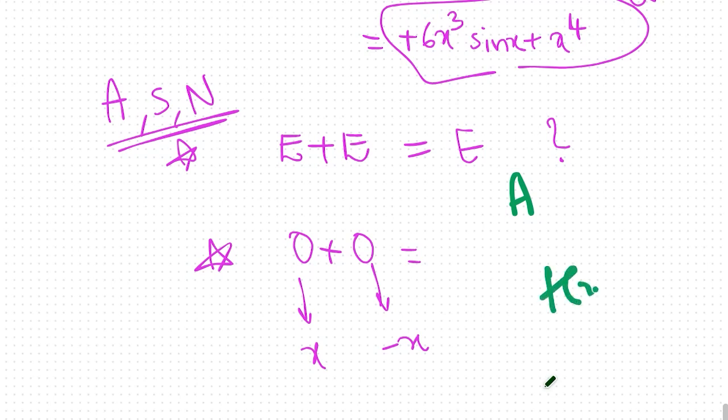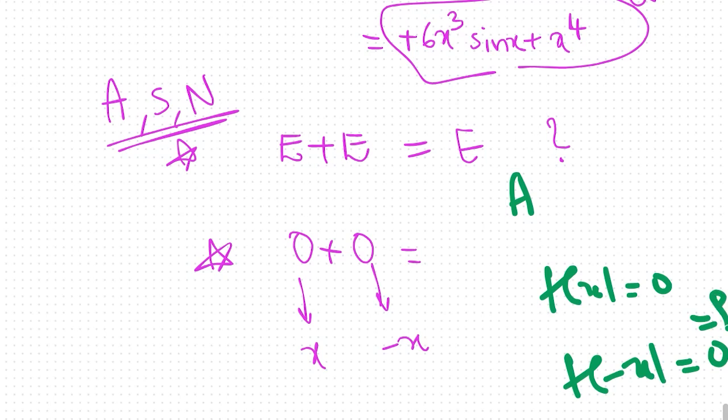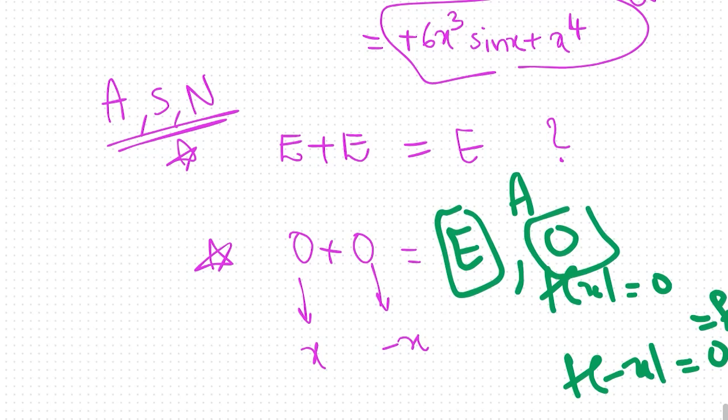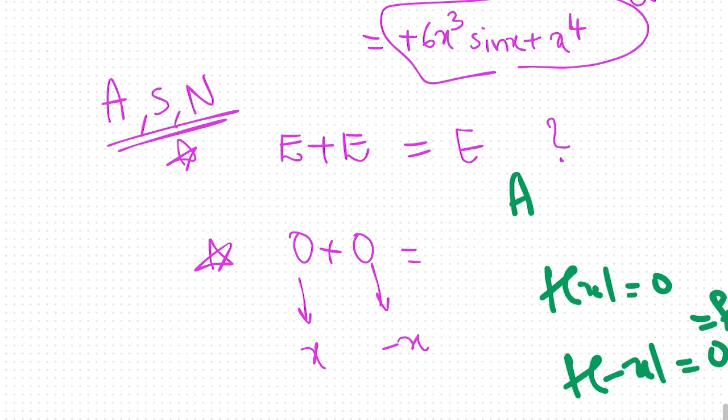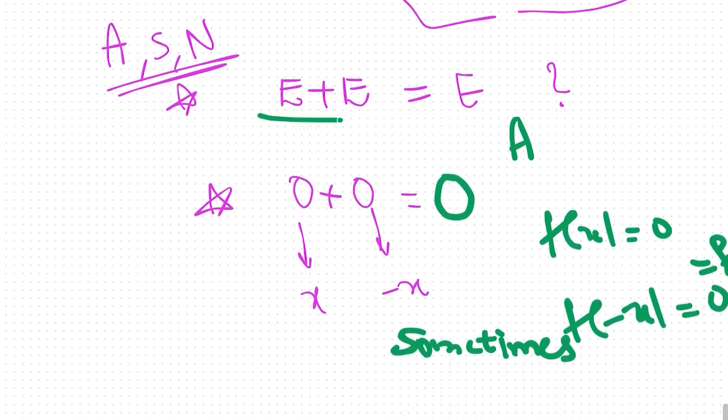See, f of x equals 0, and if you put negative x also, it is still 0, equal to f of x, so even function. So even is possible, odd is also possible. So always, sometimes, never: if I say odd plus odd is odd, this is sometimes. So that is the key difference. Even plus even is even, odd plus odd is odd, even times odd is odd. Those 4 cases we already discussed.